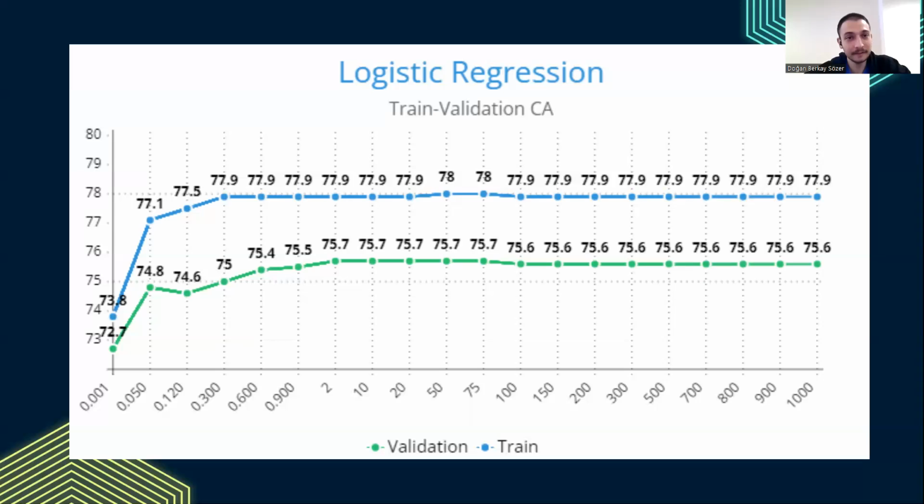Here you are incrementing randomly, I believe: 2, 10, 20, 50, 75, 100, 150. So in the book or in the class, how do we suggest you try alpha values? Do you remember? I don't. Yeah, I'm so sorry, I don't.